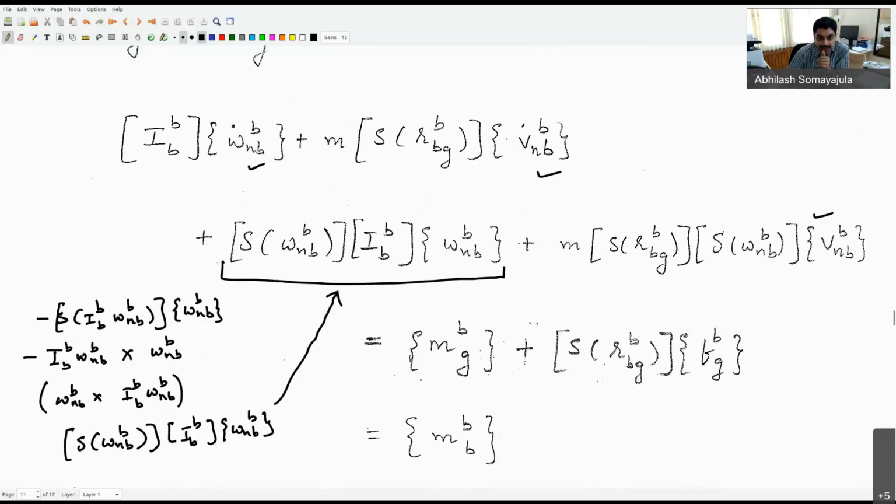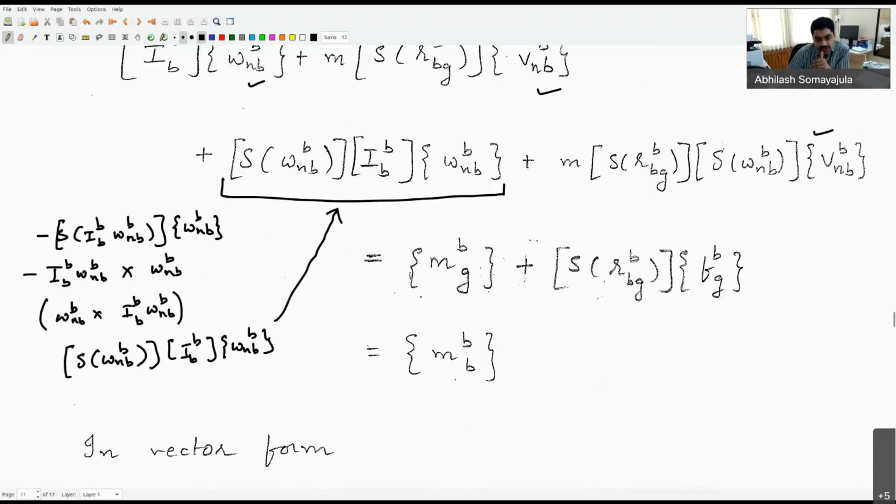Fantastic. Okay. Now, on the right-hand side, we have MBB as the output, which is MBG plus S times FG. We already saw that this is the case, which is basically representing MG plus RBG cross FBG.